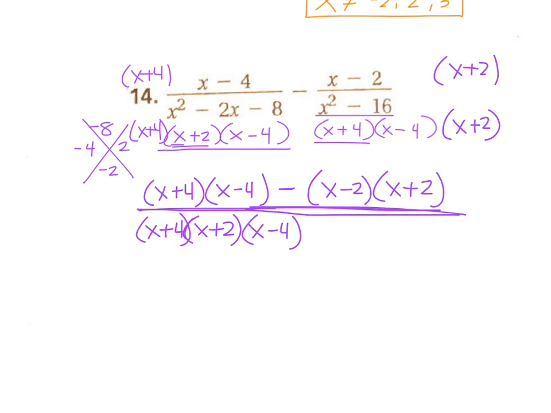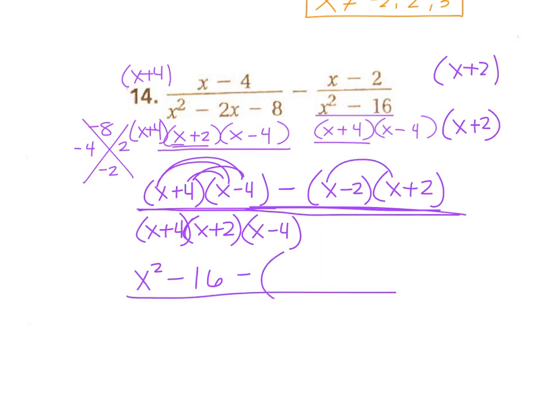And now from here, we can simplify. So if we distribute here, if we FOIL, x squared minus 4x plus 4x is going to go away, minus 16, okay, minus, and now FOIL this, x squared plus 2x minus 2x, so that's going to go away, and then minus 4.